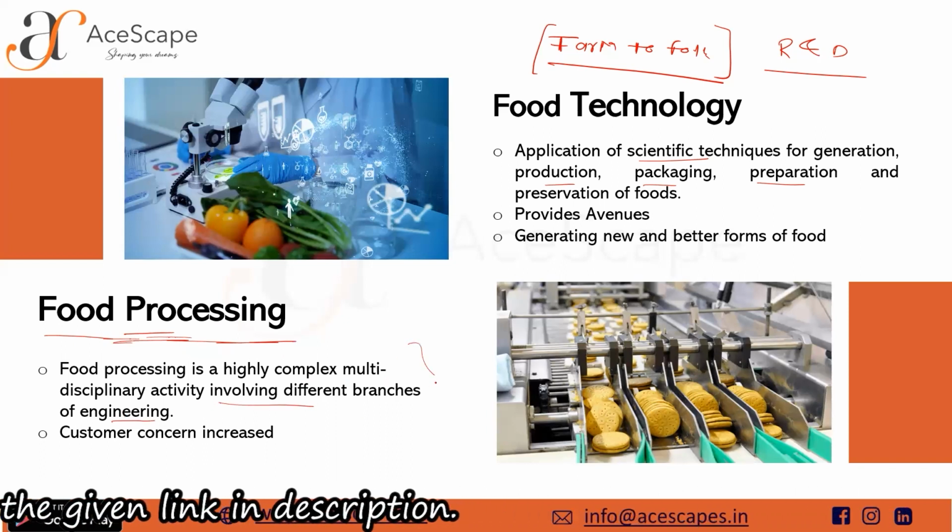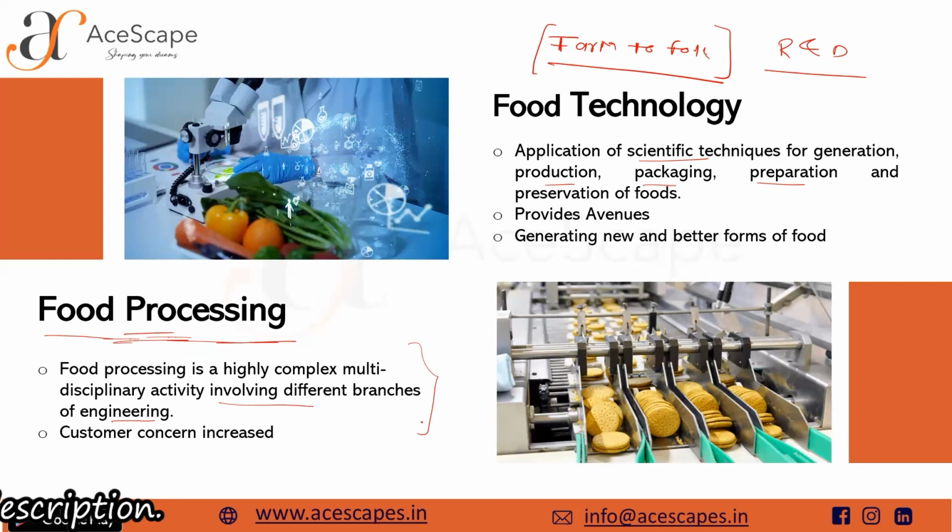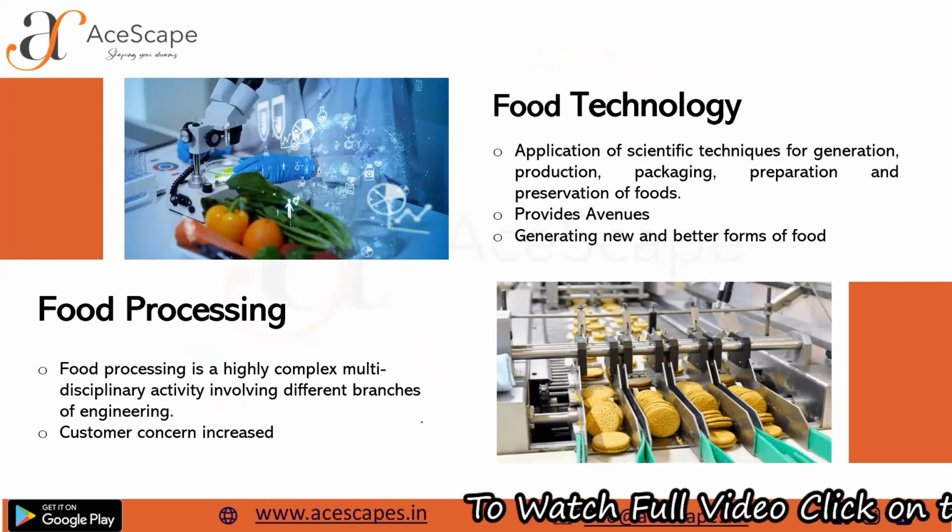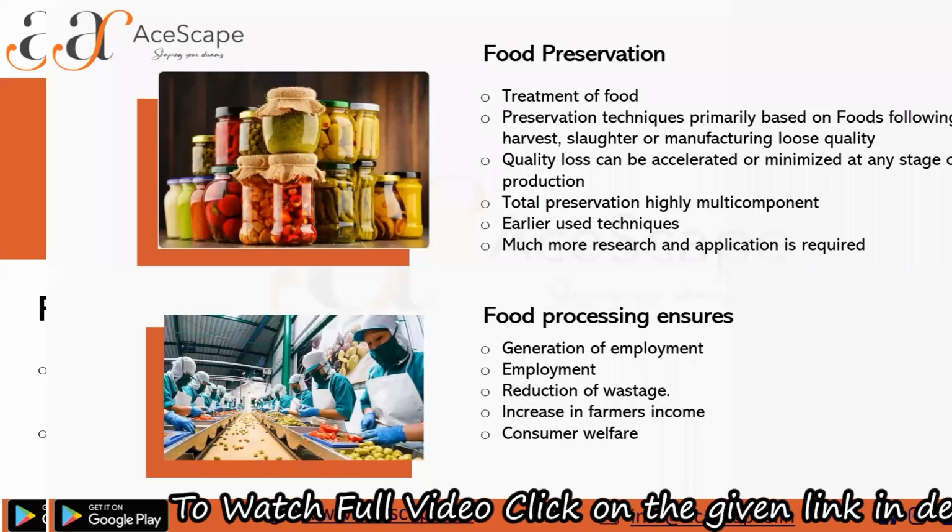Here we need to combine multiple areas of knowledge in processing. We can say food technology and processing are kind of similar, but there is a very thin line. Okay, so let's talk further.